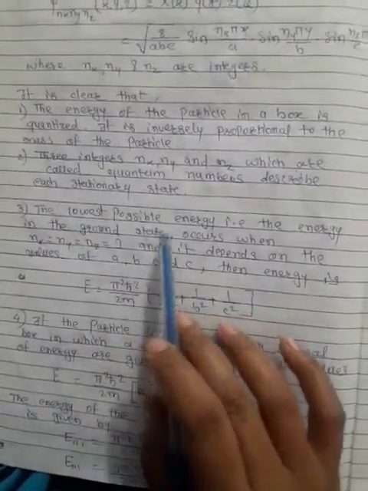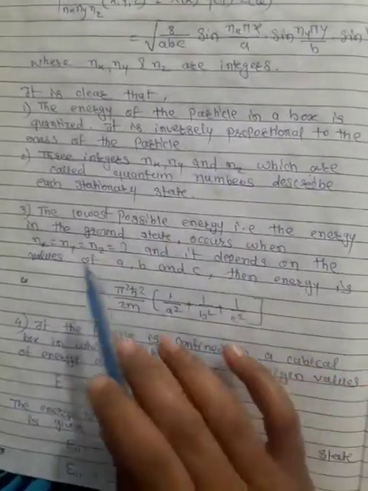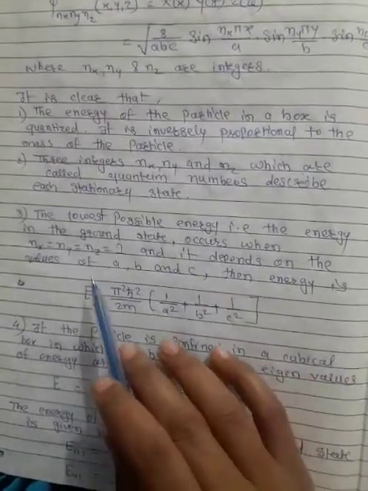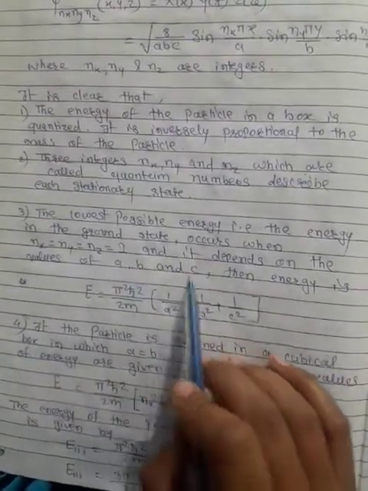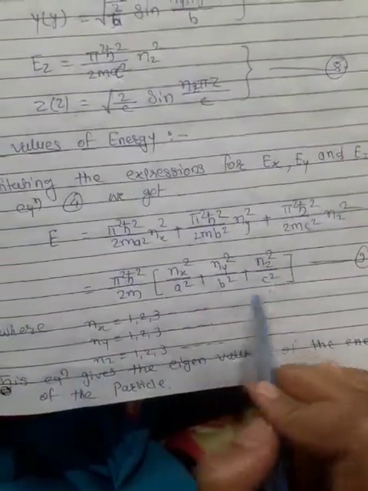The lowest possible energy, that is the energy in the ground state, occurs when nx, ny, nz equal 1, and it depends on the values of a, b, c. This energy depends on nx, ny, nz and a, b, c.